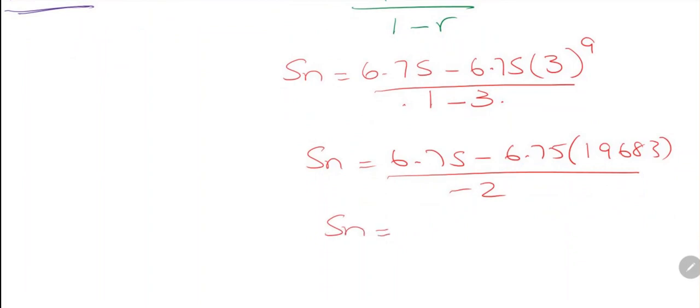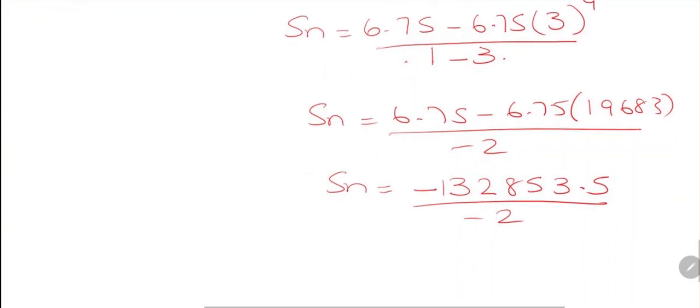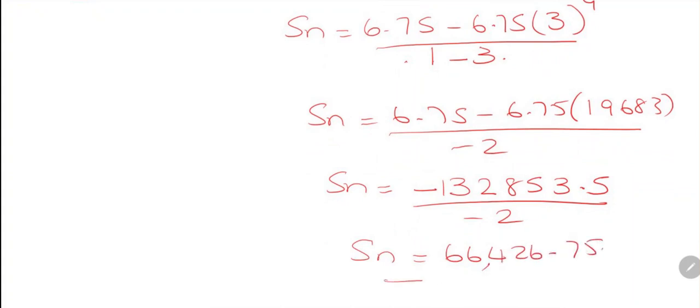So let's just work out the numerator. This would be minus 132,853.5, and it's divided by minus 2. So the sum of the numbers is 66,426.75.